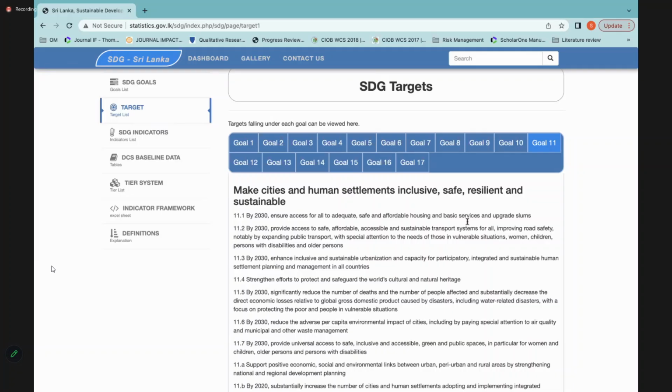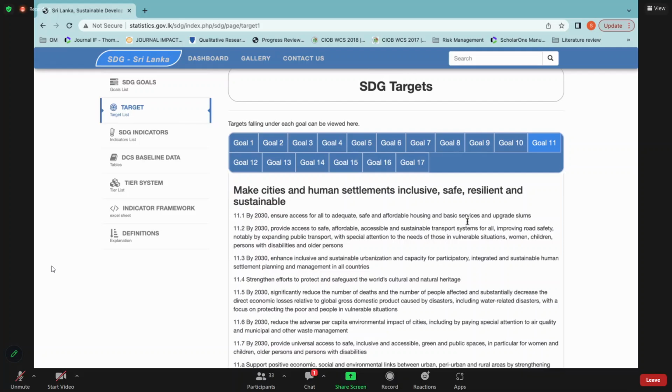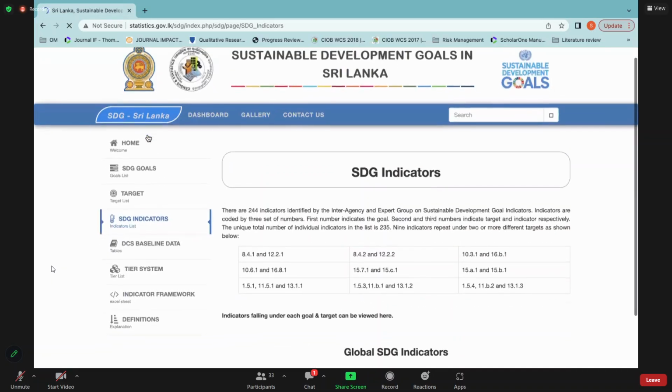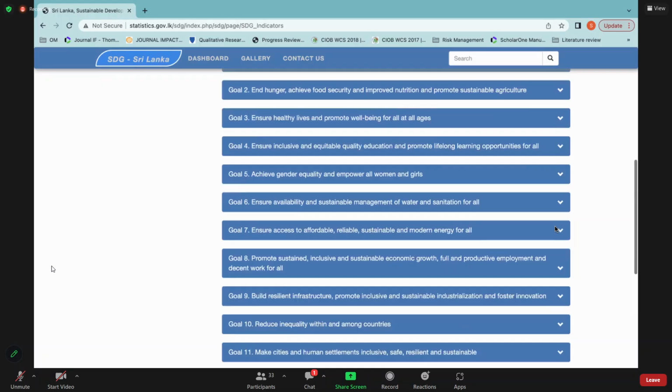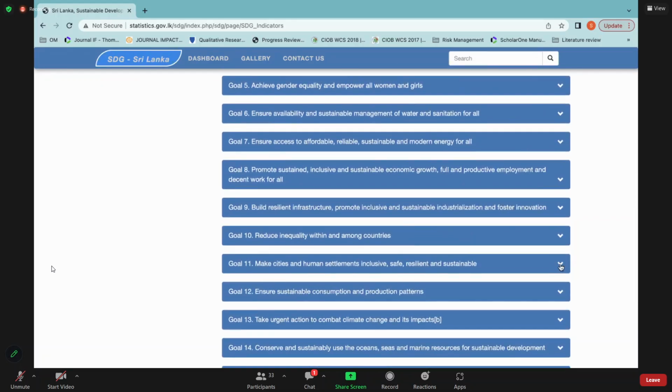And how do we find out how the world as a group is doing? For this, we have the indicators. For each of these goals, there are specific indicators.